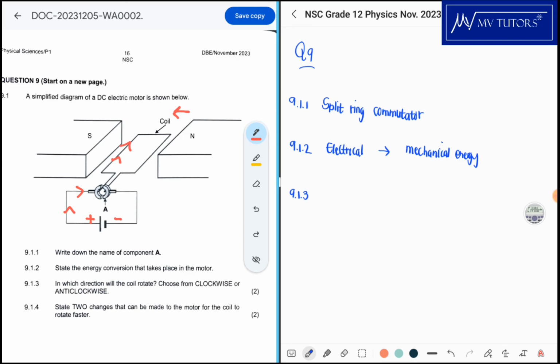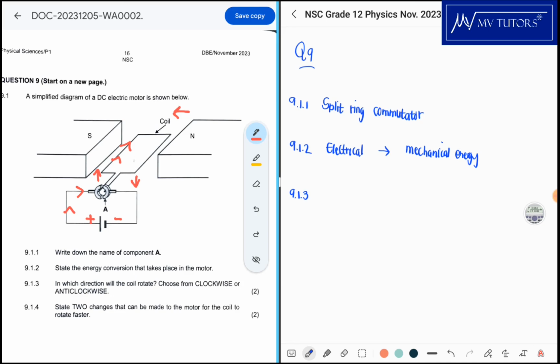The direction of the current is indicated by the middle finger. Okay, so if you have your index finger pointing to the left, north to south, and you have your current going inward, right, on the left side, your thumb is pointing upward, isn't it? So if it's pointing upward this side, it's pointing downwards on the other side.